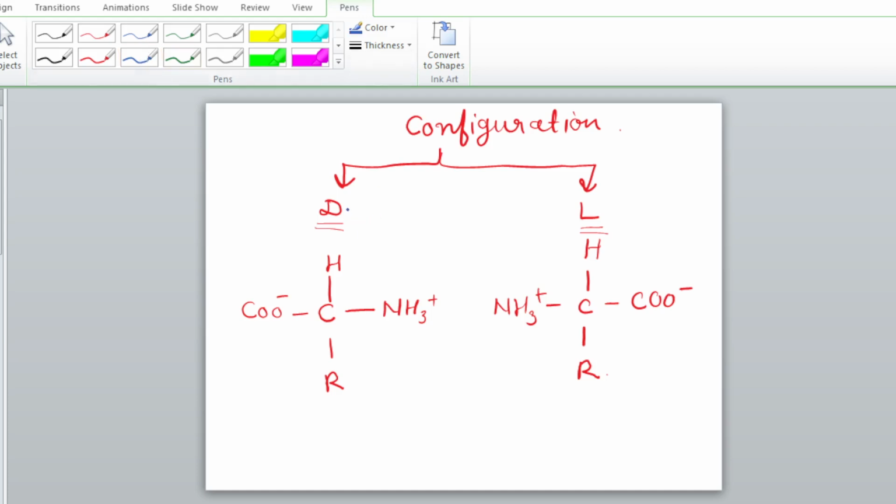Let's learn this quickly. D represents right, and the NH3 group is always on that side. If the NH3 group is present on the right side, it is the D form of amino acid, and if the NH3 group is present on the left side, it is called the L form of amino acid.